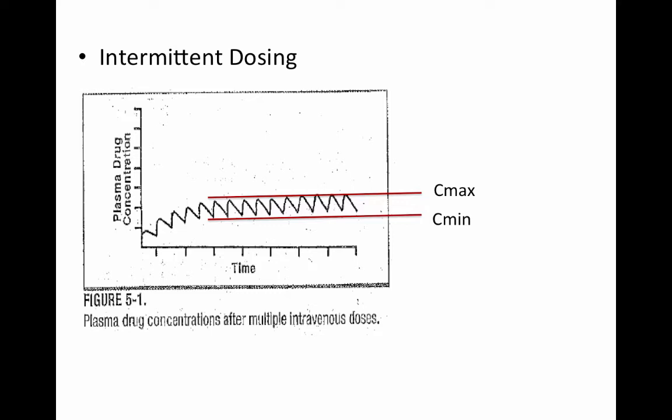So we give a dose, the concentration's high, and then the drug is eliminated, and the concentration dips lower to the Cmin. We give another dose, it goes up to the Cmax, it dips lower to the Cmin. So it continues this pattern while it's at steady state. So with the intermittent dosing, it's important to know that there is an actual Cmax and Cmin.